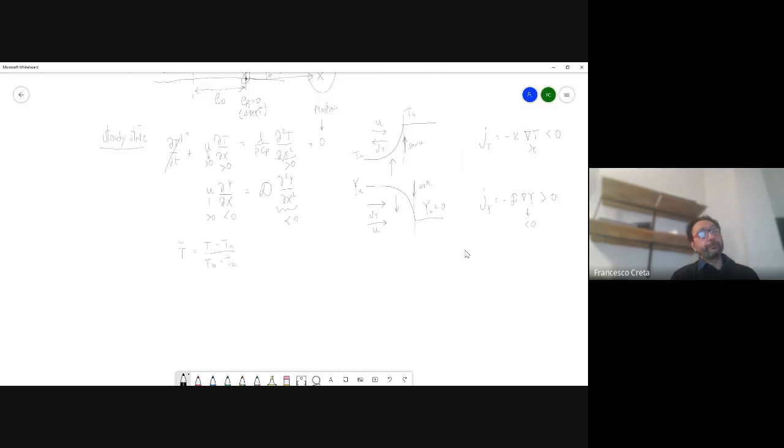This is simply to say that this varies between 0 and 1, okay? It's 0 when T equals Tu and 1 when T equals Tb. And Y non-dimensional is non-dimensionalized with respect to Yb.